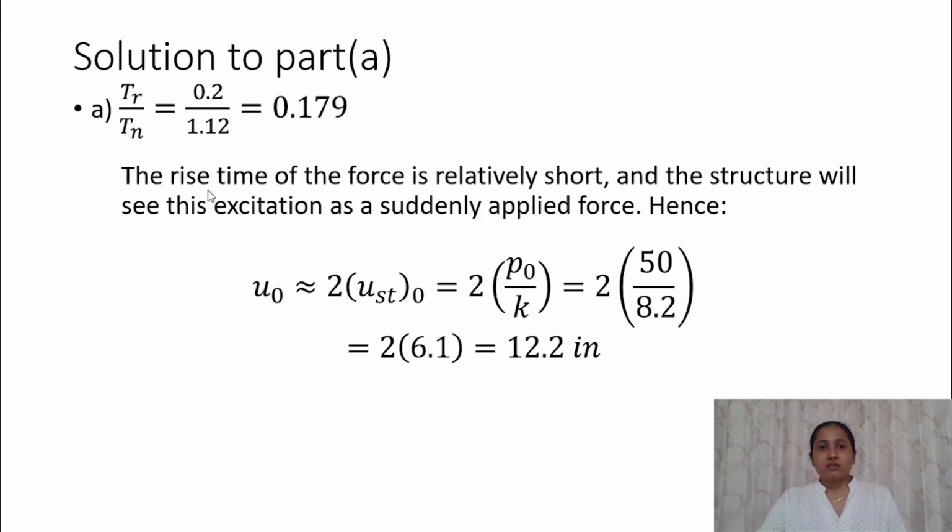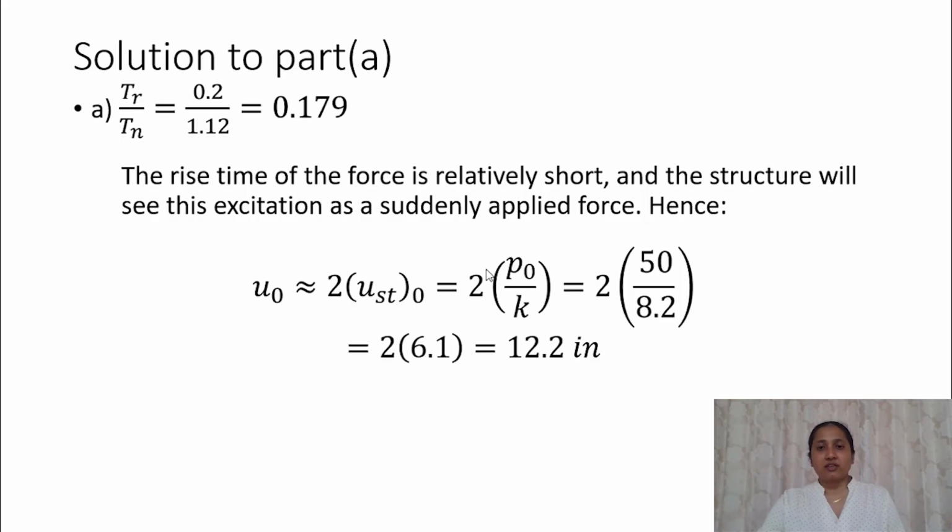So since the rise time of the force is relatively short, the structure will see this excitation as a suddenly applied force. So we learned earlier that when a suddenly applied step force is acting on a system, the maximum amplitude is approximately equal to twice that of the static displacement.